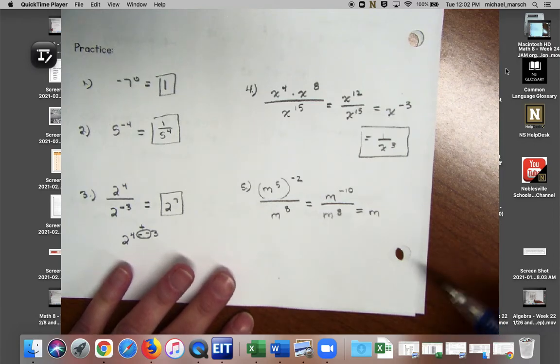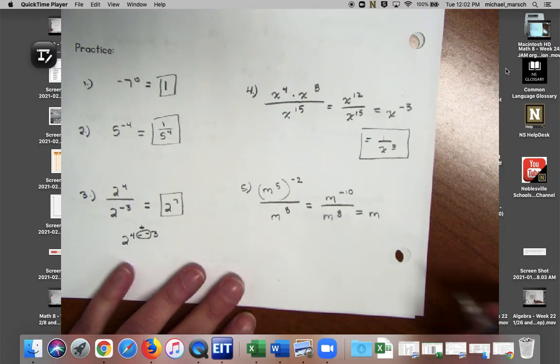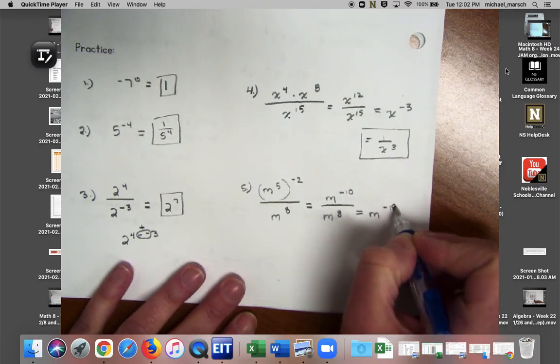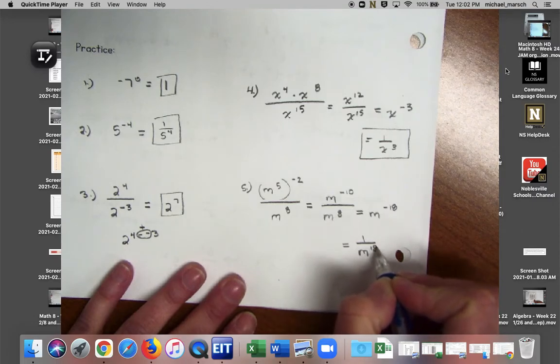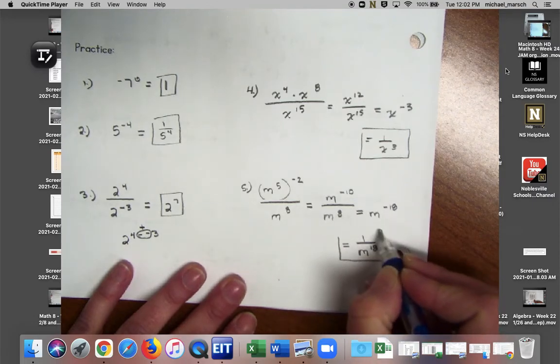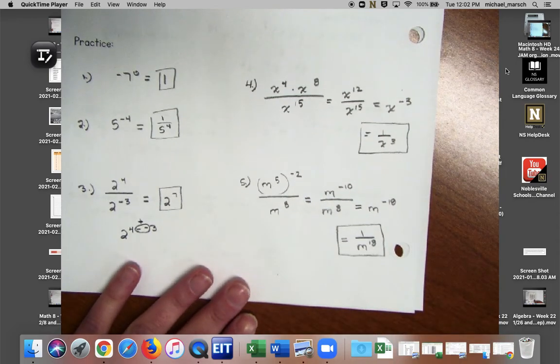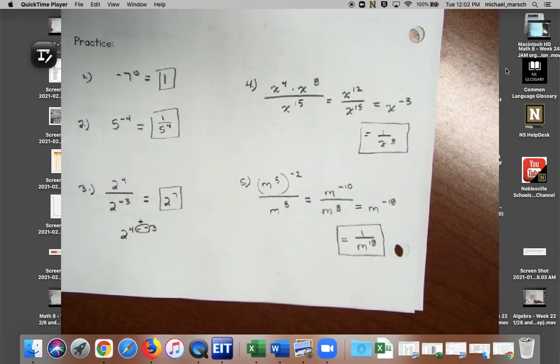Yeah, we just subtract them. So what's negative 10 minus 8? Negative 18, which I now know should be 1 over m to the 18th. Okay.